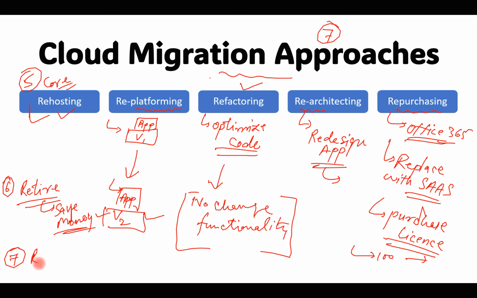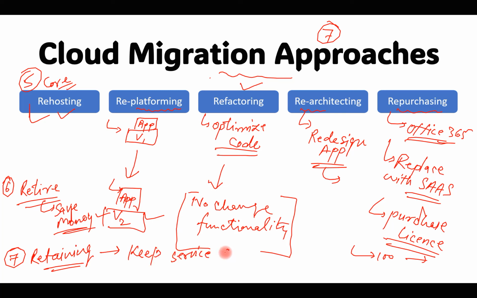Next approach we have is retaining. We want to take full advantage of the cloud, but sometimes we are running some legacy application which is tightly coupled with a third party application which normally doesn't support the cloud environment. In that case, we need to keep that service on-prem only.